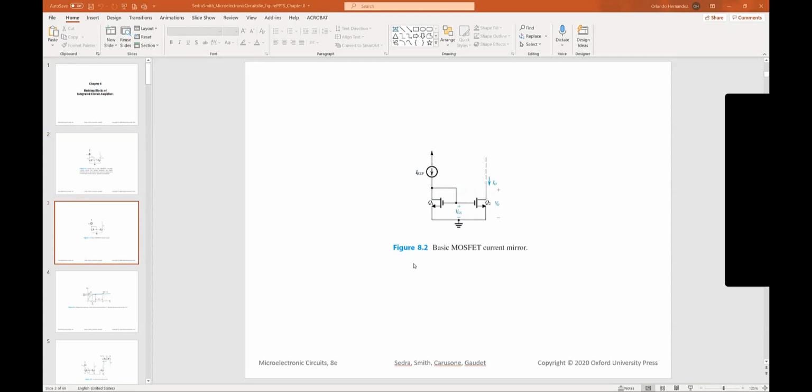So that gives us the basic MOSFET current mirror. Okay, we'll start looking at it that way, and then if I can get the current that I want, then I can get output voltages as well, and I start using this for my biasing networks.